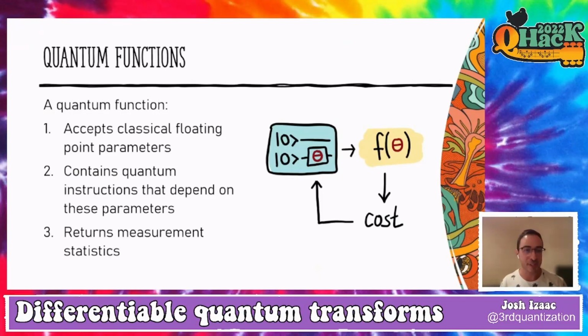Another key concept here is that the quantum function always returns measurement statistics. Why does it return a measurement statistic? This is because we want it to return something that's deterministic. So for the same input parameters that you provide to your function, you're guaranteed the same output, up to shot noise coming from noisy hardware.